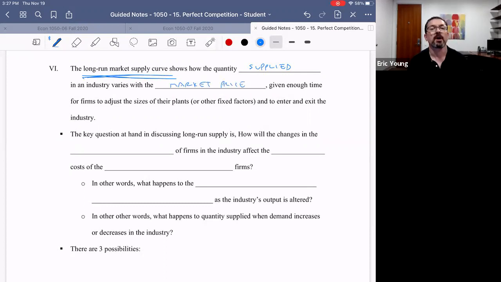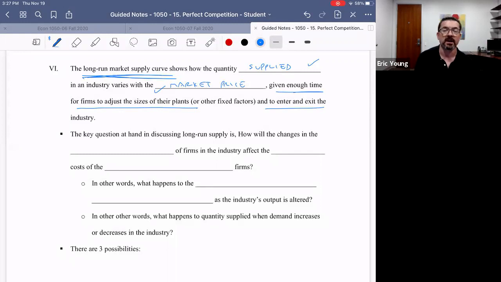Like any supply curve, it shows how quantity supplied varies with price. But because this is a long run supply curve, we have to add the idea that it's critically given enough time for firms to adjust the size of their plants and for entry and exit to happen, okay?